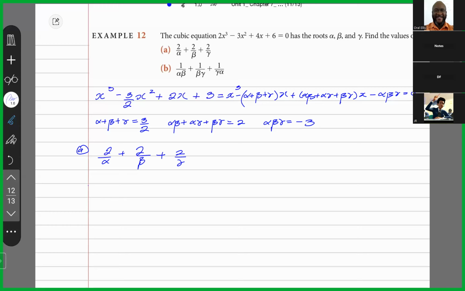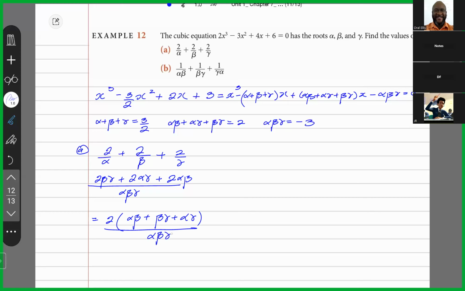We have 2 beta gamma plus 2 alpha gamma plus 2 alpha beta. The numerator is going to work out to be 2 times (alpha beta plus beta gamma plus alpha gamma) all over alpha beta gamma.